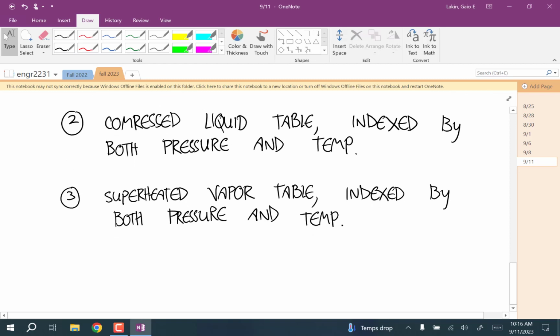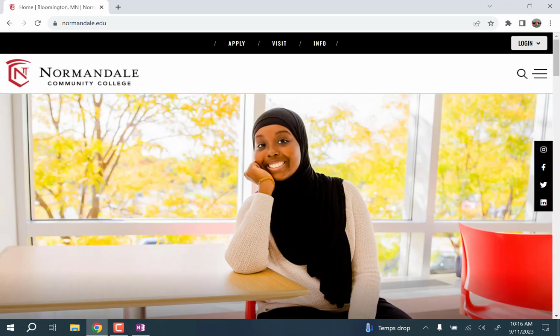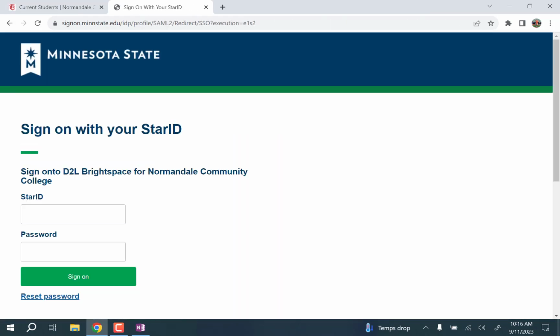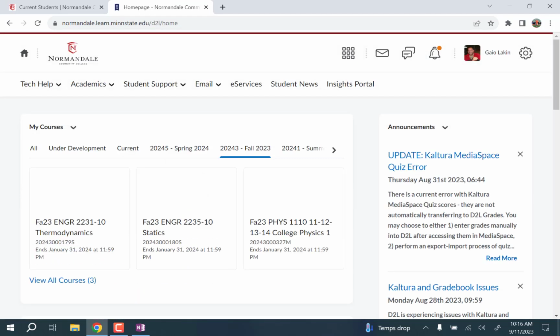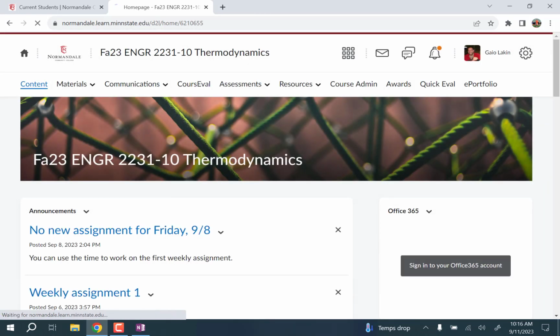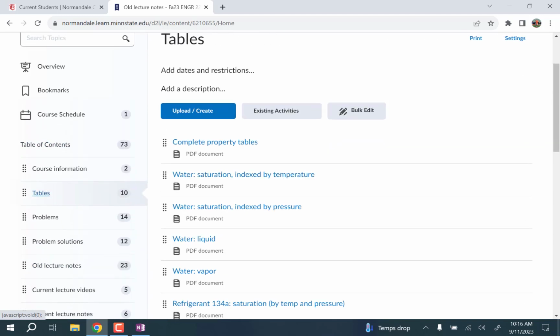So let's go to D2L for a second and look at what these look like. If you go to content, one of the sections in content is just tables.